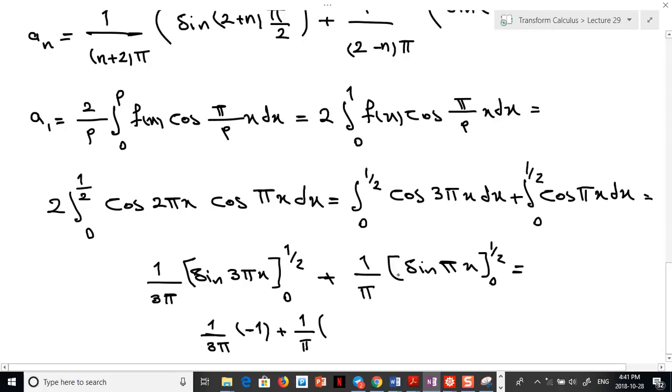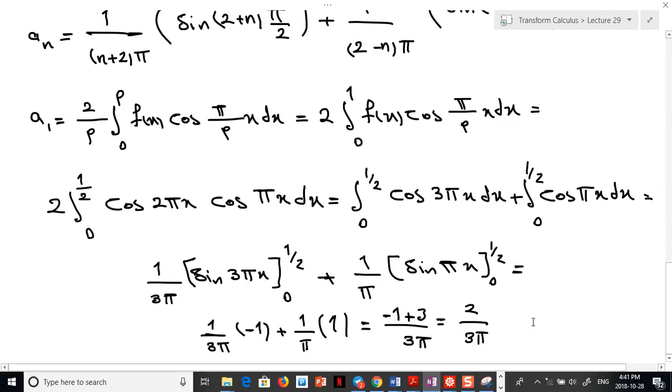Here if I apply the upper limit, sine pi over 2 is 1, and the lower limit is sine 0, so it's 1. As a result, it's equal to 2 over 3 pi. So A1 is 2 over 3 pi.